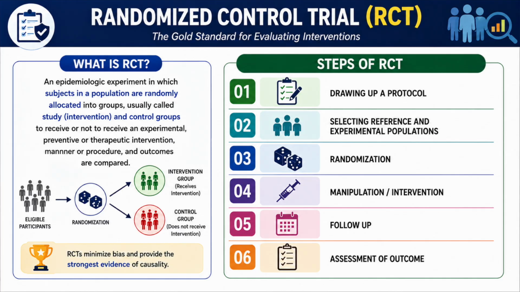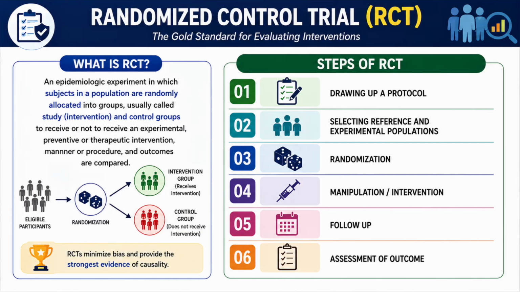Among all experimental studies, the randomized controlled trial or RCT is considered the most reliable design for evaluating interventions. An RCT is an epidemiological experiment in which eligible participants are randomly allocated into intervention and control groups.